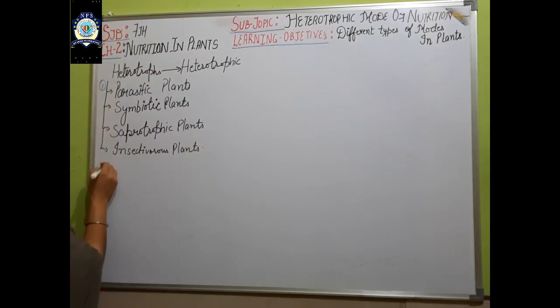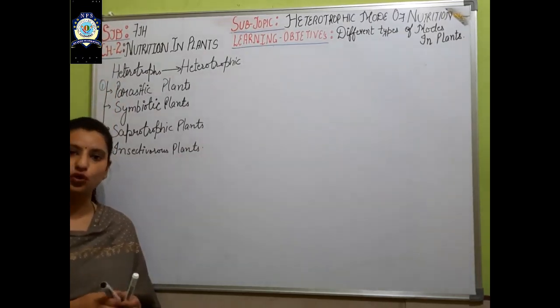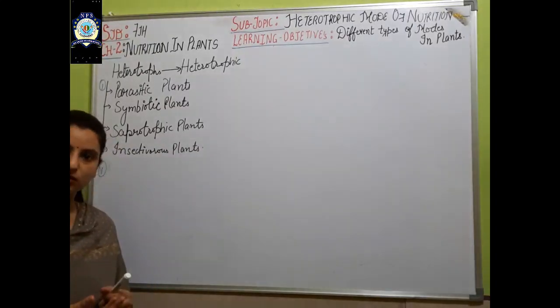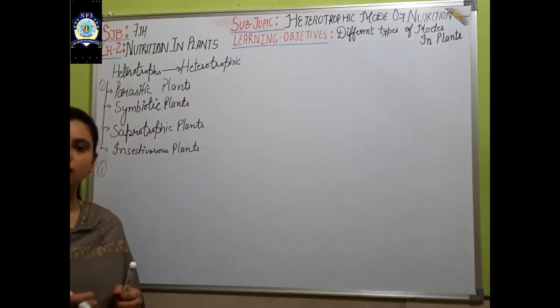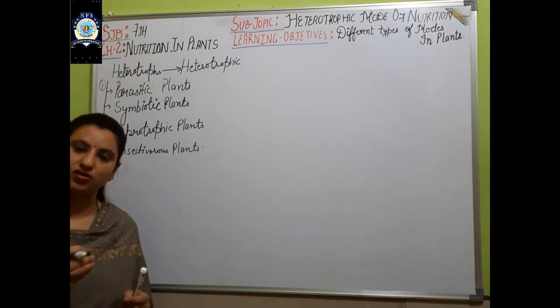Now we will go for the first type. The parasitic plants are those plants which have their food from the other plants. They are mainly non-green plants but they have their food from the green plants.